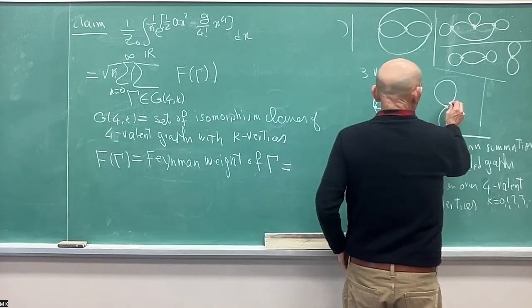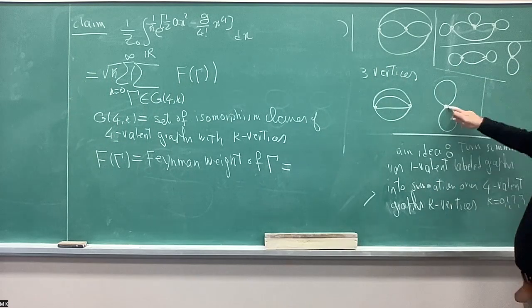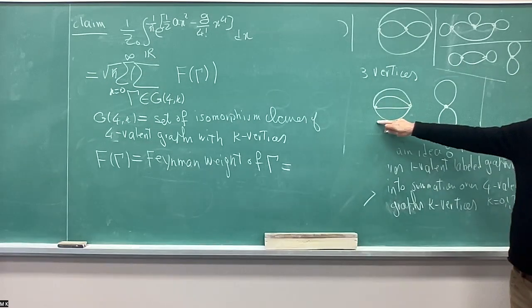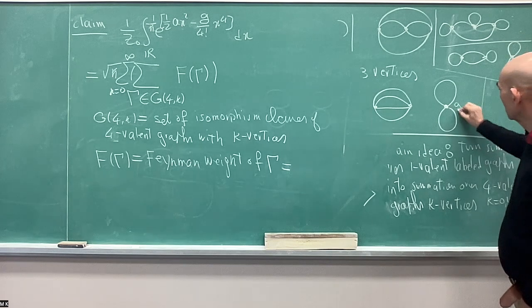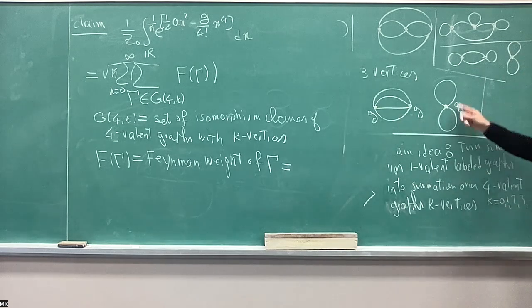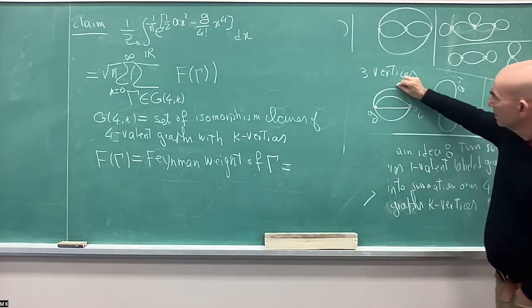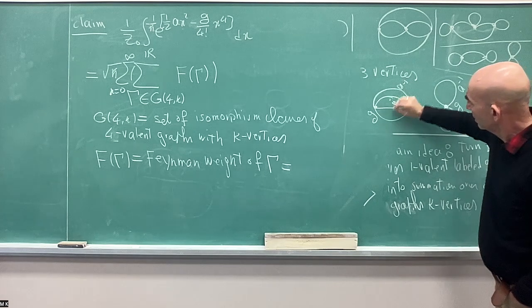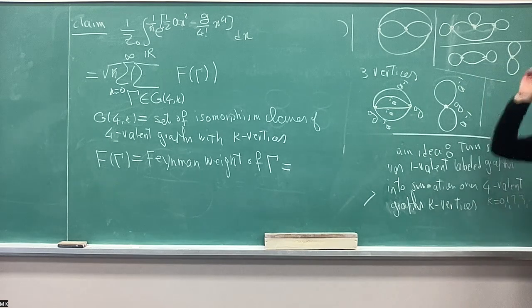On each vertex we put a term G, a G here, a G here, and then on each edge we put A inverse. And then we multiply all of them.